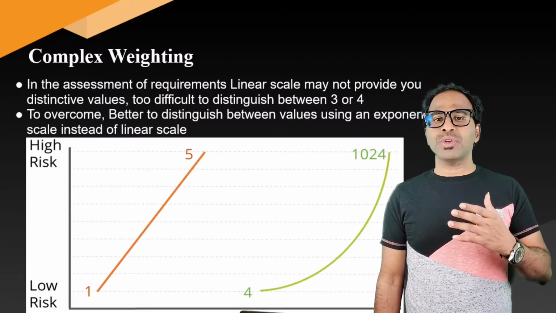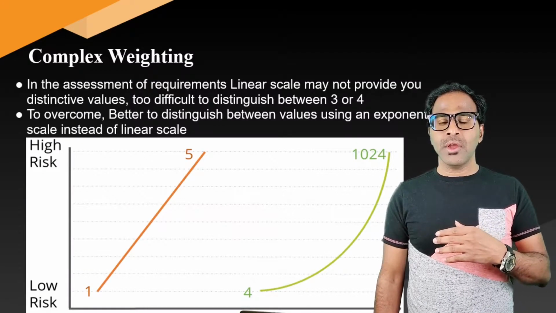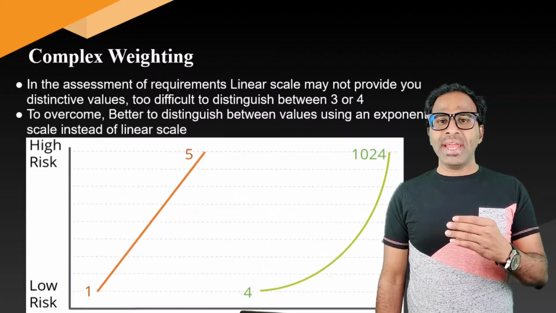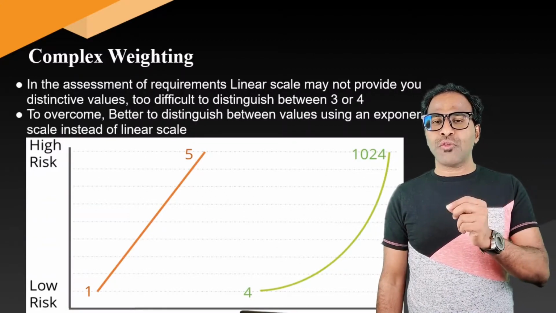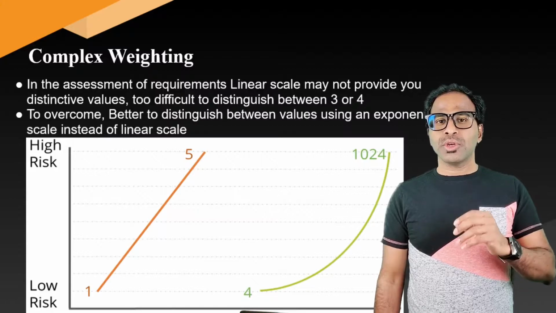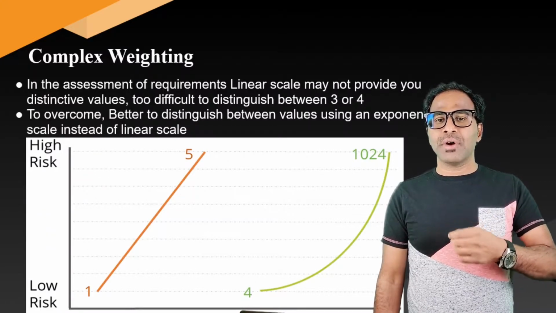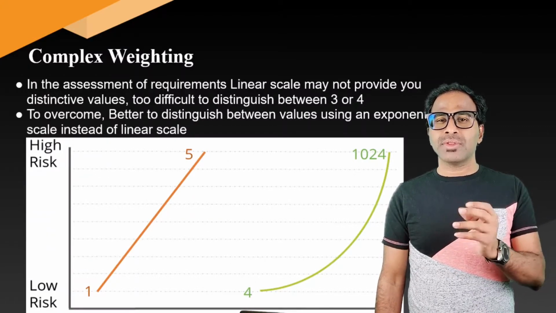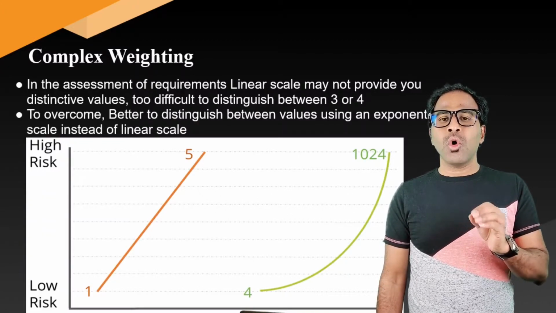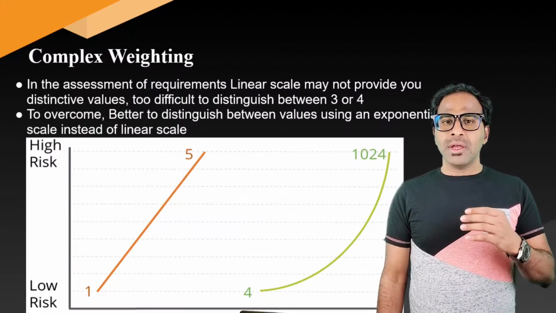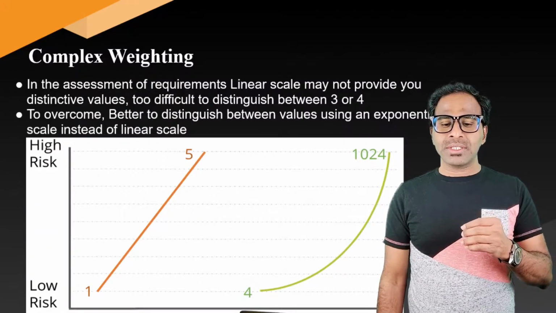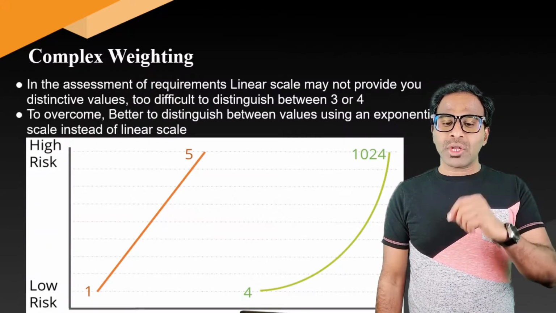Let's assume you have 100 requirements, where you want to weight these 100 requirements by using 1 to 5 values. It is really very difficult for us to distinguish between the requirements by using only these 5 values. That's the reason Tosca recommends a new methodology.